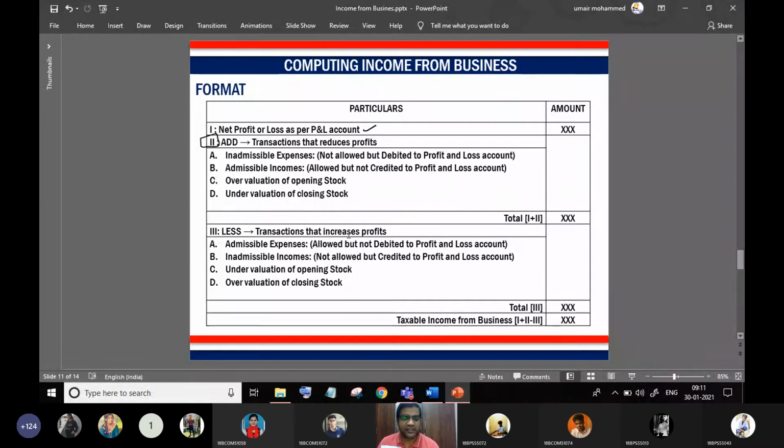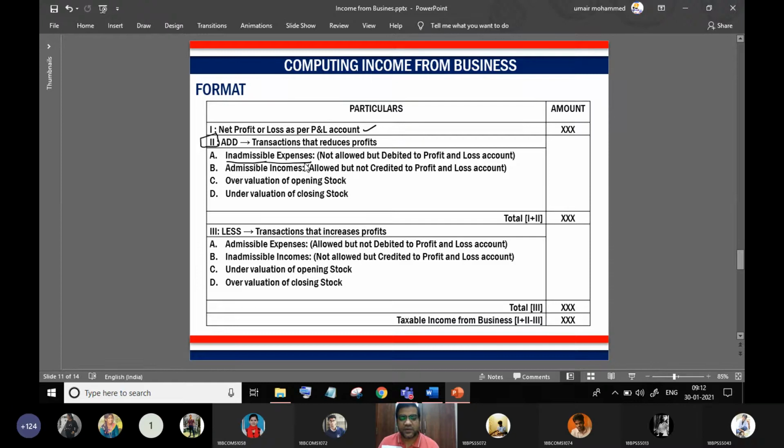Now, when we say add transactions that reduce net profit, what are those transactions? The answer, first in the list, is inadmissible expenses. You should understand what exactly inadmissible expenses means.